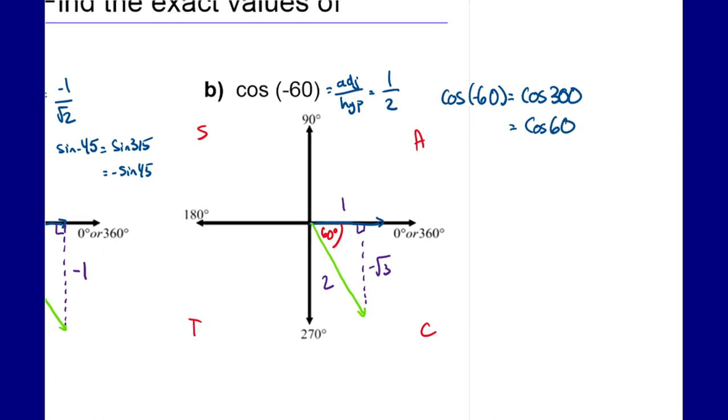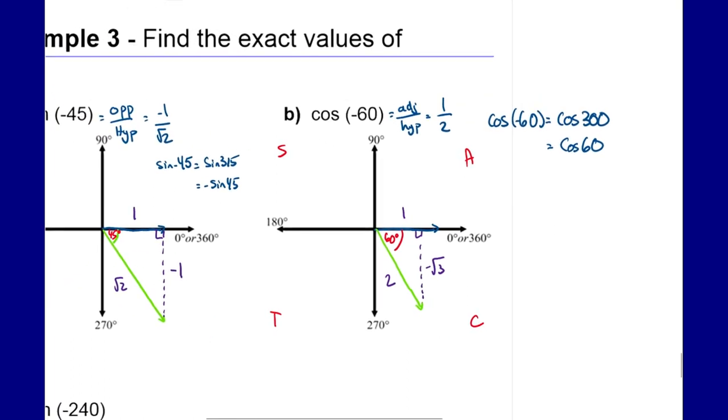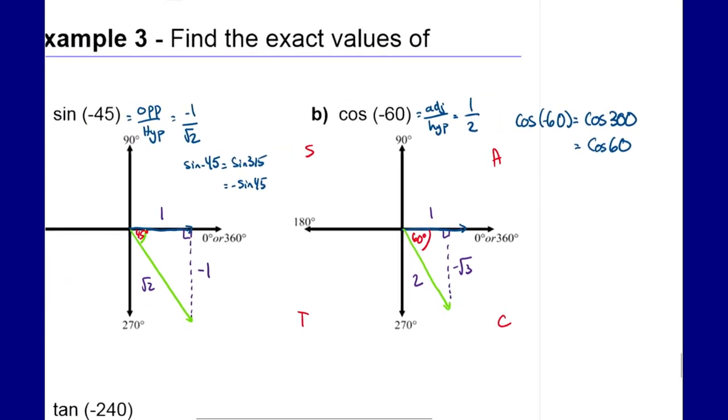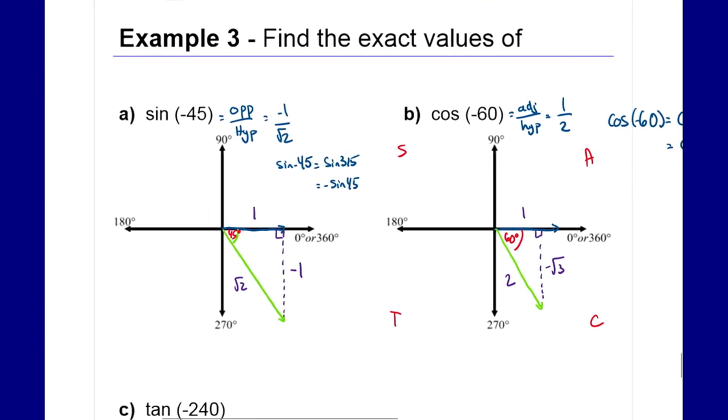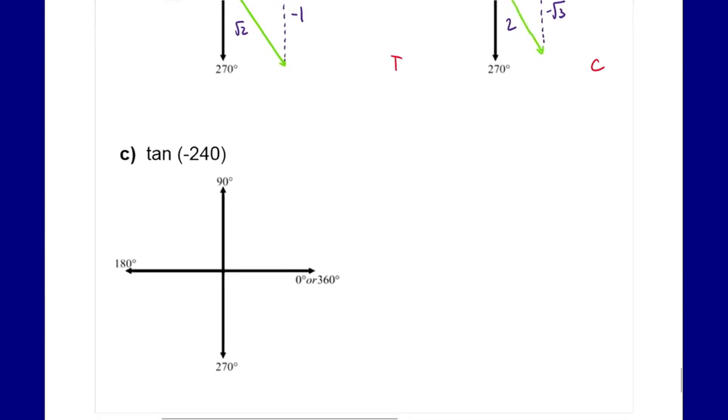So there are a lot of similar angles that will give us the same cosine, or the same ratio. And lastly, tan of negative 240. I'm going to draw my initial arm here, negative 240.